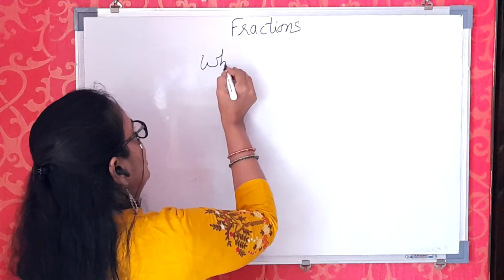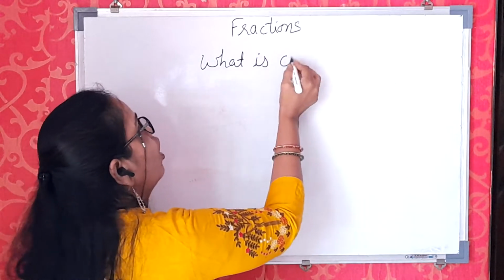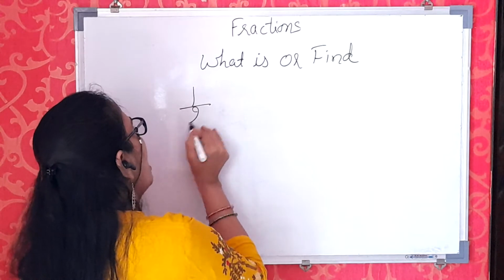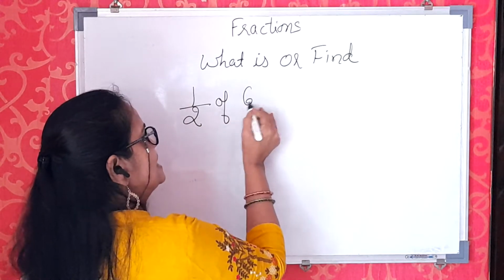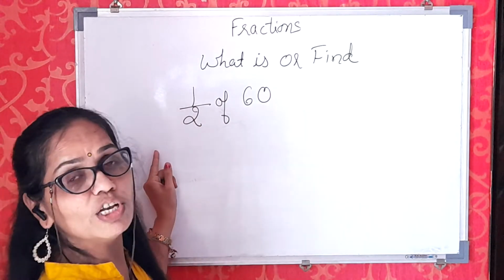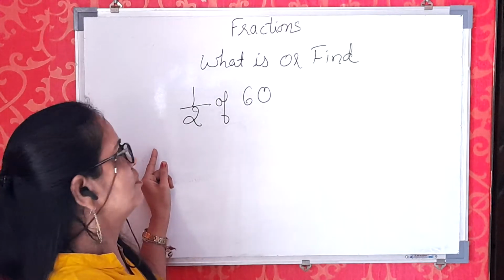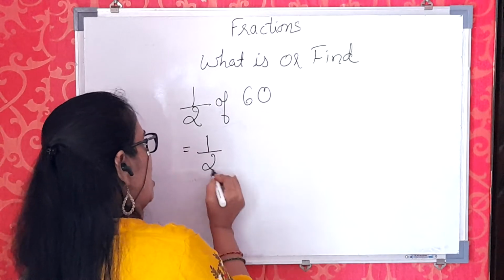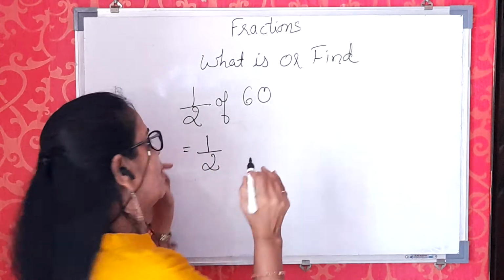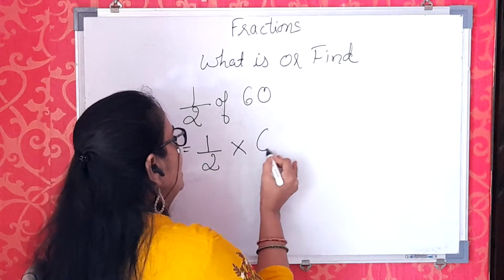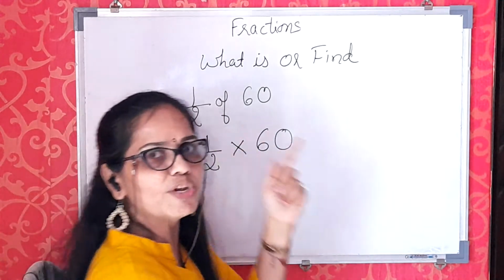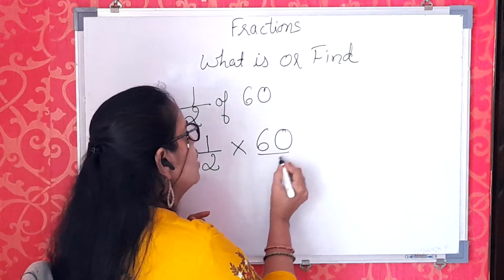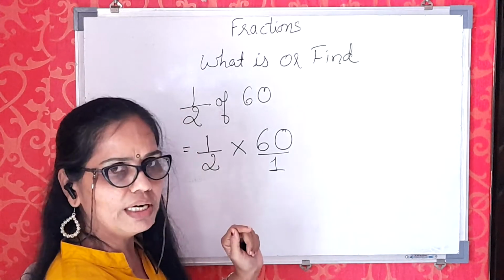Now here your heading will be 'what is' or 'find', and your question is 1/2 of 60. So how will you solve this? You must be wondering what we have to find. 'Of' always means the multiplication sign, so 1/2 times 60. Now children, keep in mind, where there is no denominator, you have to consider 1 as the denominator.